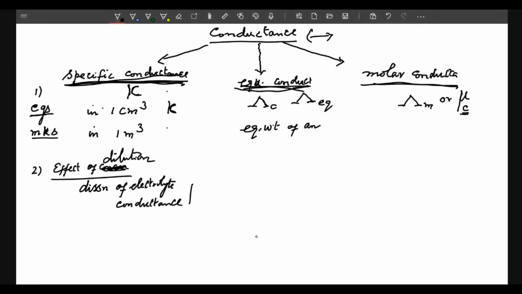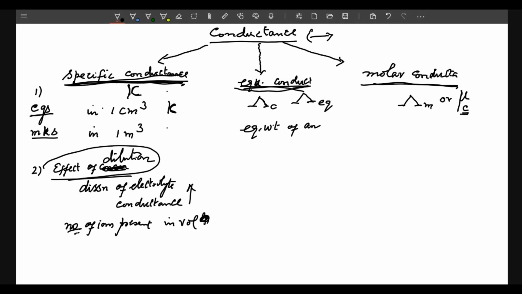That is the first condition. And the second condition is, as dissociation increases, the number of ions present in the unit volume... I'm sorry. Here we are going to see the effect of dilution.